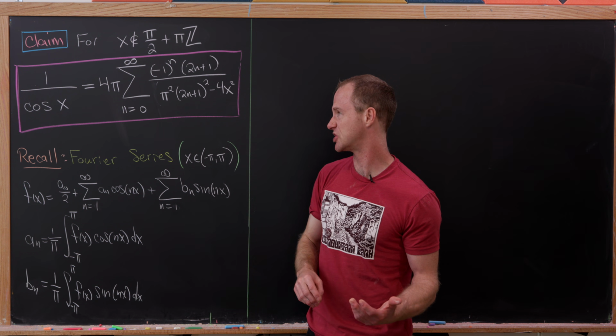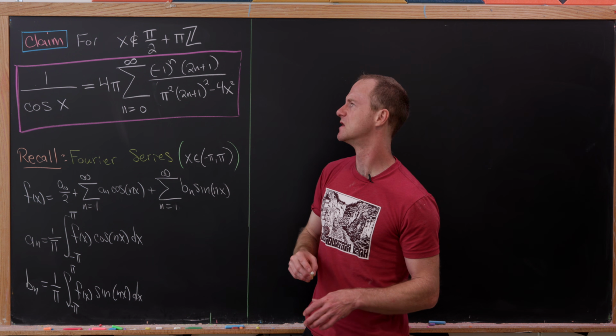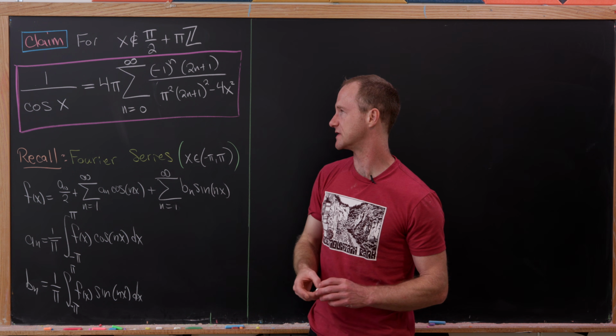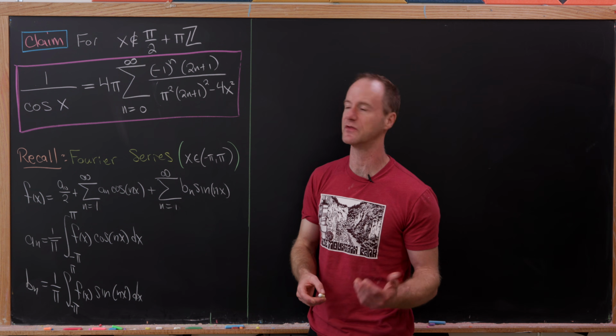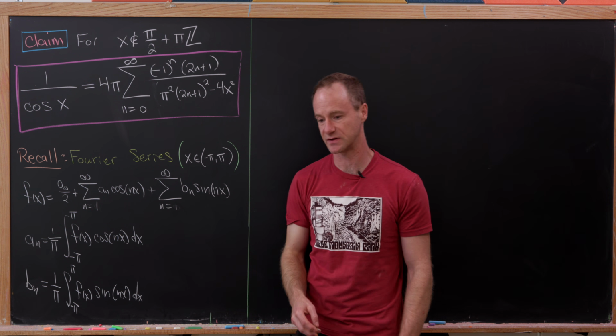Just as a gut check, you can set x equal to 0 and notice that you retrieve a well-known series on the right-hand side, and in fact the whole series sums up to 1, again because it's a well-known series.